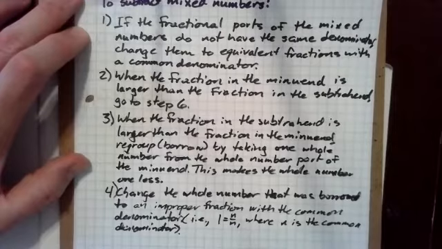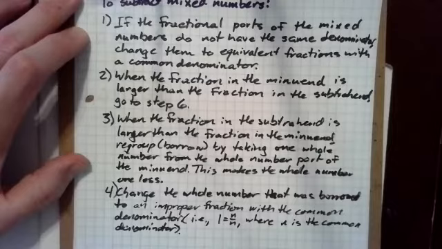When the fraction in the minuend, the number that we're subtracting from, is larger than the fraction in the subtrahend, the number we're subtracting, go to step 6. When the fraction in the subtrahend is larger than the fraction in the minuend, regroup, borrow, by taking one whole number from the whole number part of the minuend. This makes the whole number one less.